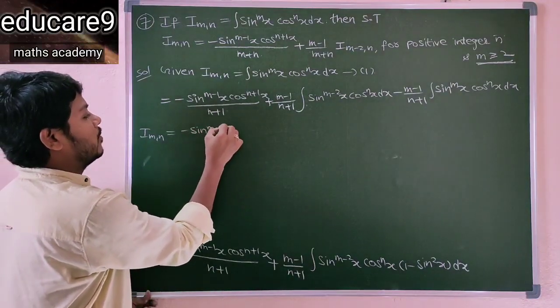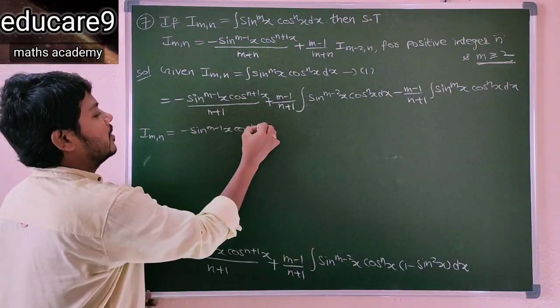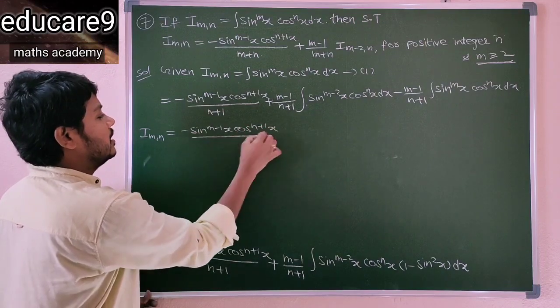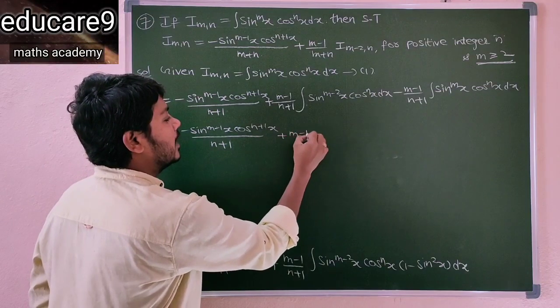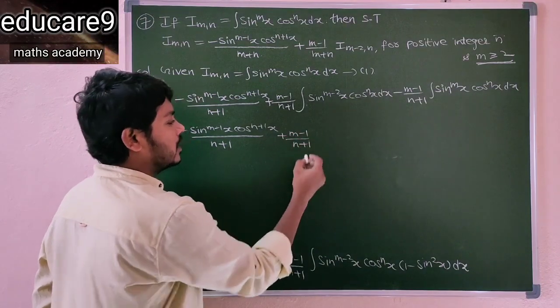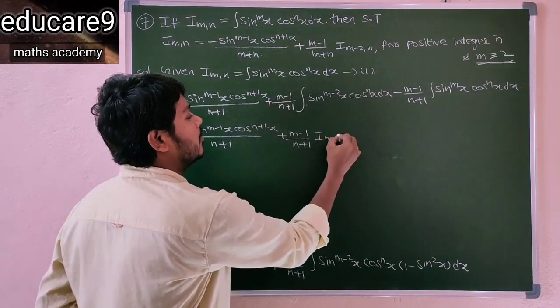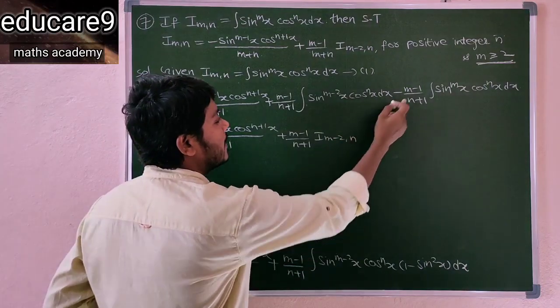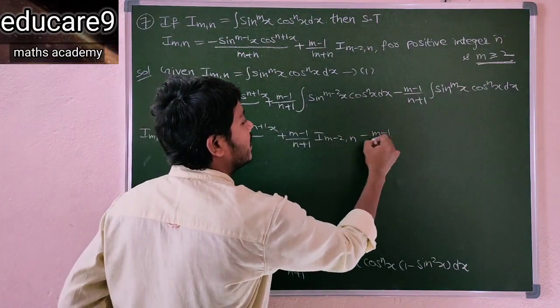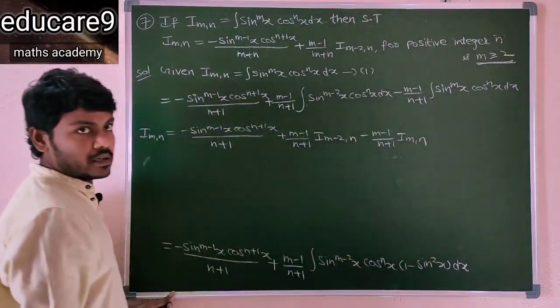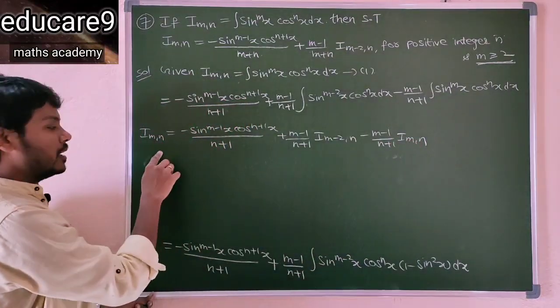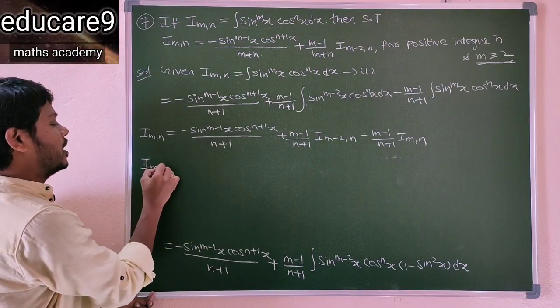minus sin^(m-1) x cos^(n+1) x divided by n plus 1, plus m minus 1 by n plus 1 I(m-2,n). Here minus m minus 1 by n plus 1 I(m,n). So set this value to the left side, and I(m,n) is common.